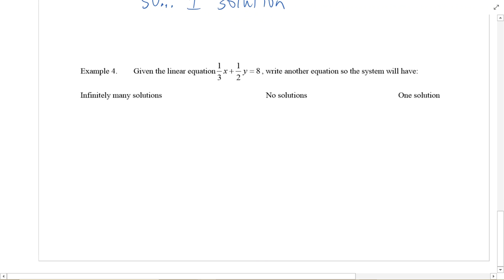Okay, so if you have this linear equation, what could you do to make it infinitely many solutions? If you have infinitely many solutions, that means you have what? Yeah, same line, so you're going to have the same slope and same intercept.